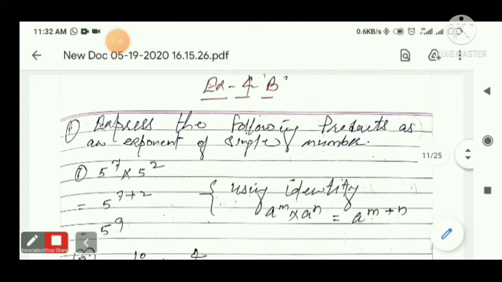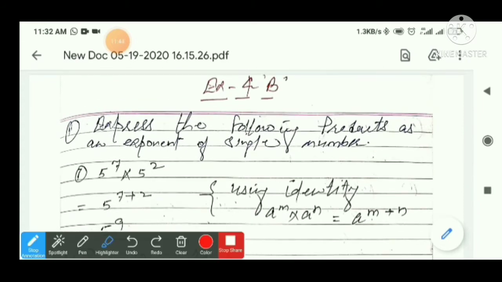Look at the question number 1. Express the following products as an exponent of single numbers. So students, the question is here. First, 5 raised 7 multiply 5 raised 2. Students, I have also explained which identity you will follow here.